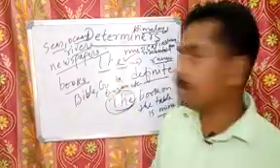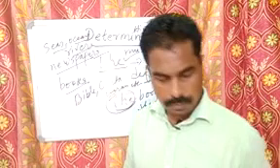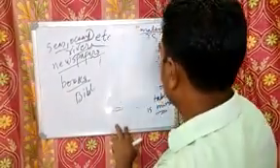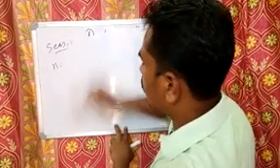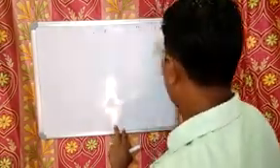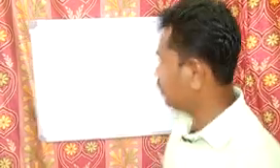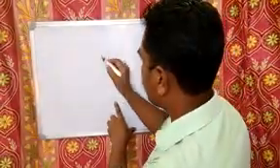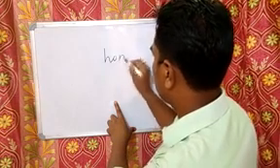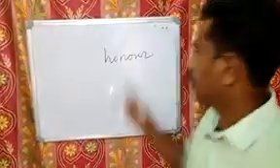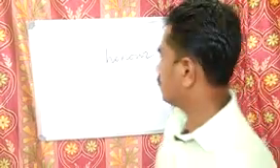Now let us solve some examples where it will be clear to you. For example, if I write a word, honor, which article should I use here? Starts with a consonant.